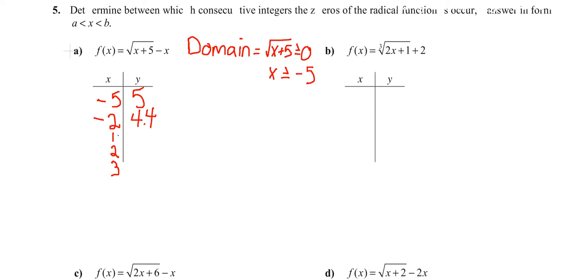It's all the same for everyone. 1 plus 5, 6, root 6 minus 1 is equal to 1.45. Sorry, this was supposed to be -3. -3 is equal to 4.4. 1 is equal to 1.45. 2 is equal to 0.65.